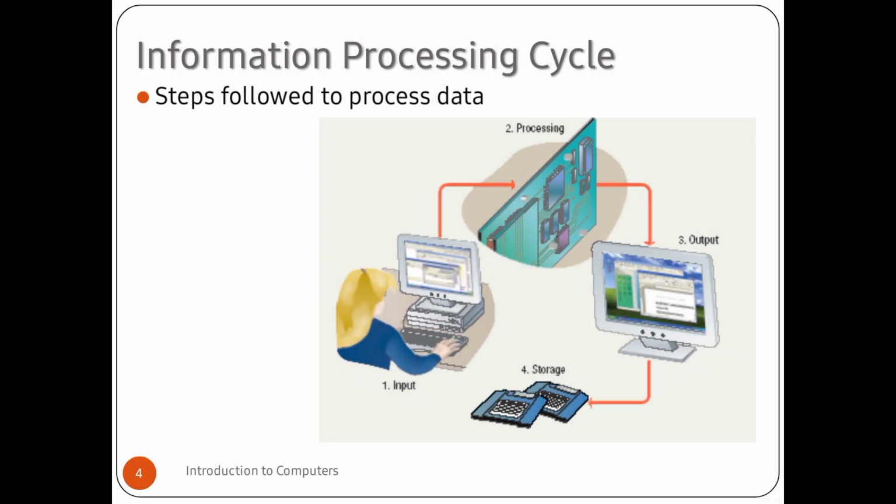Now, let's look at the steps whereby information is processed. The information processing cycle. As you can see in this infographic, there's input, where a user inputs data by using the keyboard, and then there's processing taking place, and after processing, we get the information displayed on the screen.